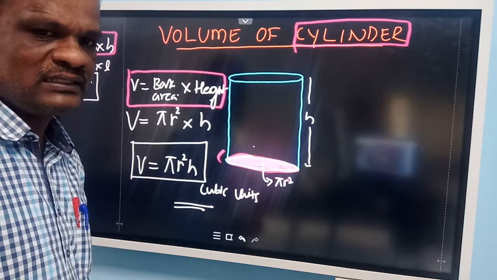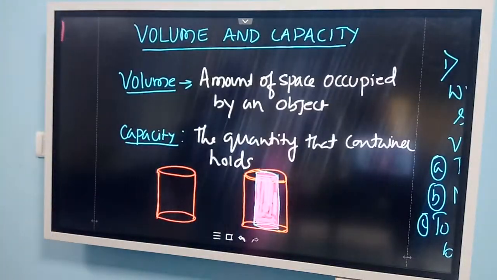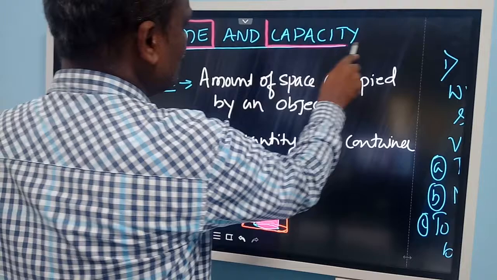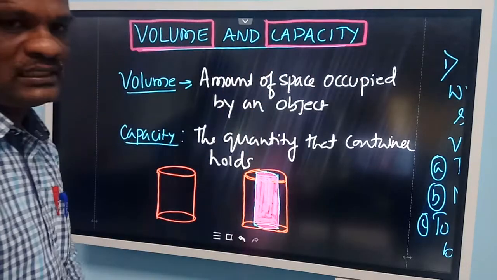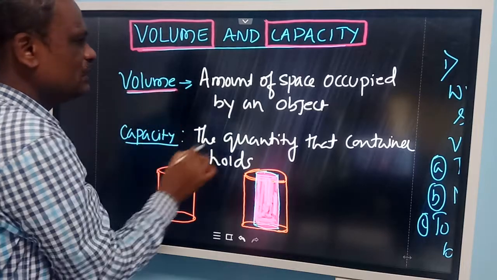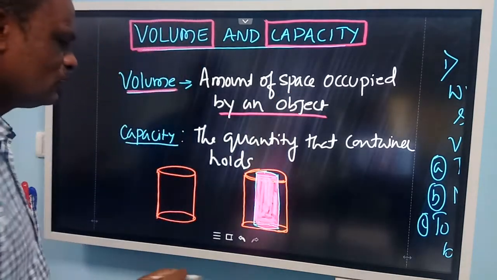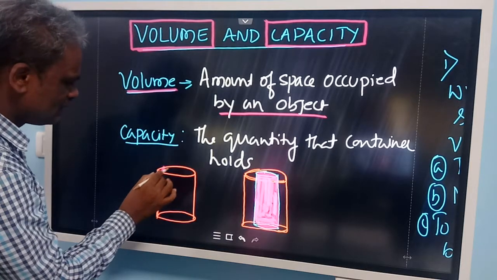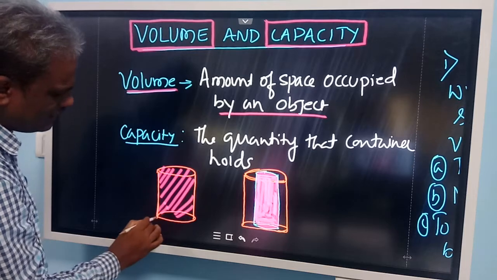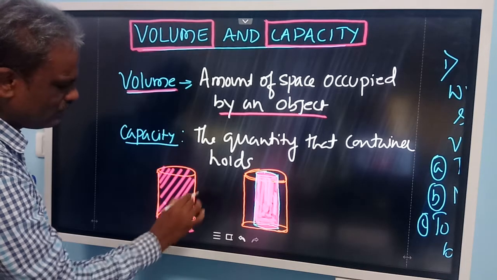Now after this, let us see what is the difference between volume and capacity. There is a little difference between capacity and volume. Volume is the amount of space occupied by the object. If I ask you to find the volume of this cylinder, you will multiply the base area, pi r square, into h.